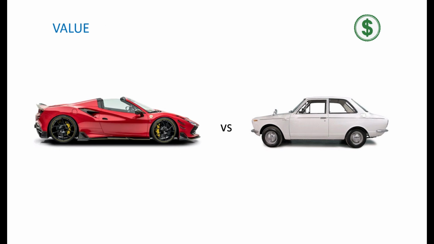And value is all about how expensive your car is versus how inexpensive or cheap. And generally age is related to value, although you can get super expensive old cars, collector cars.